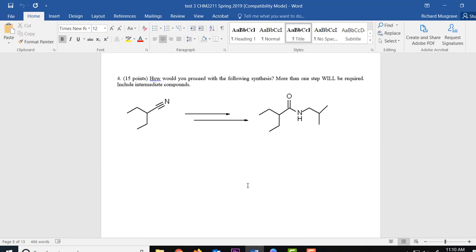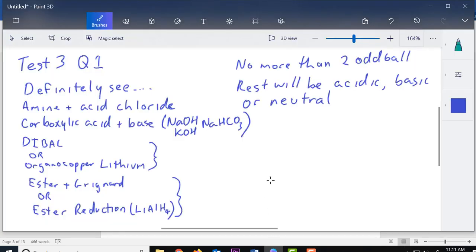This one here is about a synthesis, and it will be based on question 1, so only reactions in question 1 could appear here to have you produce this product from this reactant. I would expect something that is only 2 steps, so just one intermediate. Something that looks like this. Let me draw the schematic of it.